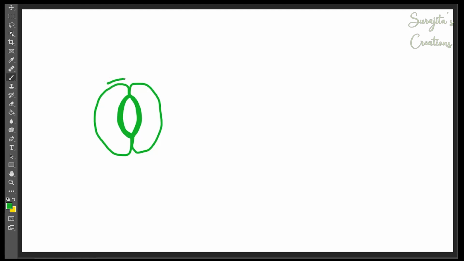So now we will draw the epidermal cells which surround the guard cells. So these epidermal cells are the non-guard cells. These are part of the stomatal complex or the stomatal apparatus.